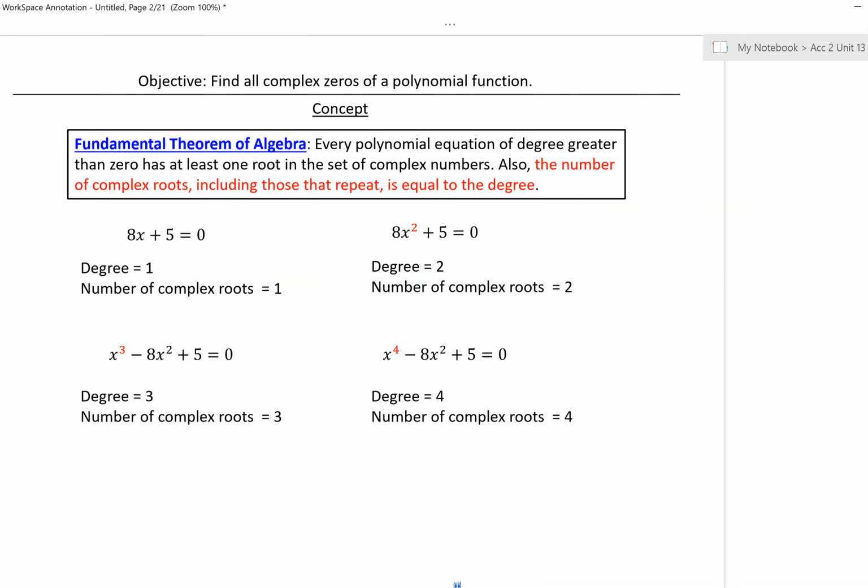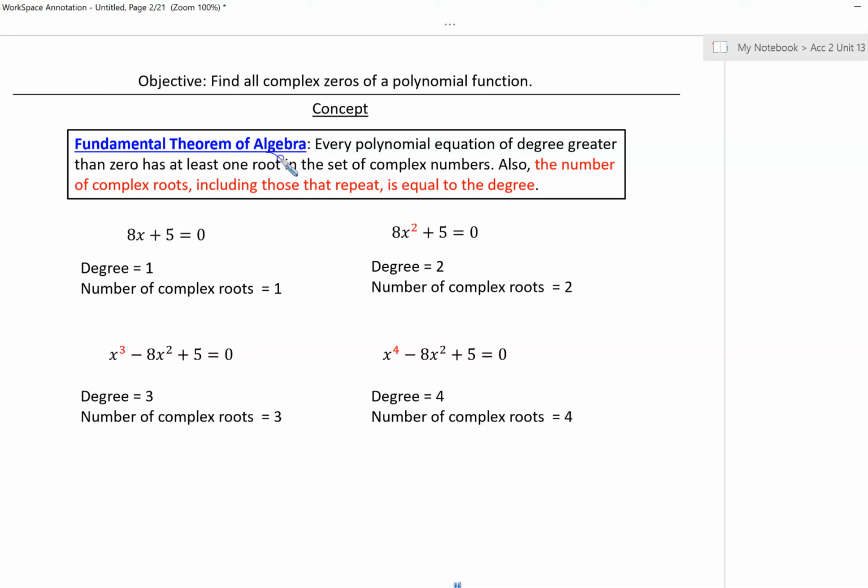Another thing that you want to keep in mind is how many total complex zeros you should have in your final answer to make sure that you haven't lost any or somehow made a mistake somewhere. So the fundamental theorem of algebra is what tells us this, that the degree of our function, which is the highest power of our variable of x, is going to tell us the total number of zeros or roots in this case.